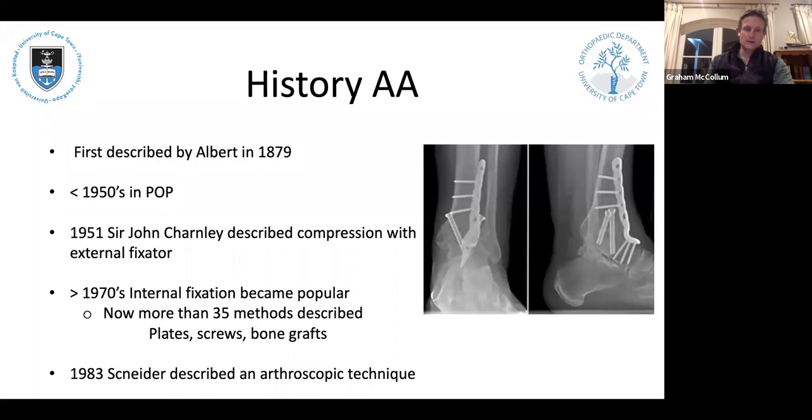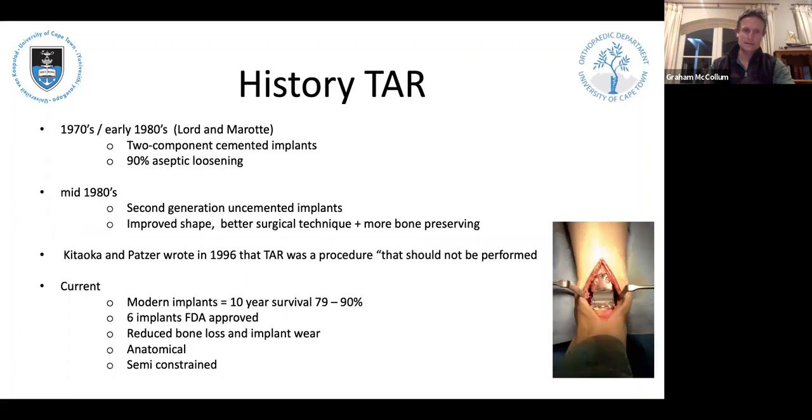But ankle arthrodesis was first described in the 1800s, and Sir John Charnley was the first to describe external fixator compression of an arthrodesis, and then internal fixation with screws and plates has become much more common now, and arthroscopic techniques certainly in vogue and well practiced, first described in the 1980s.